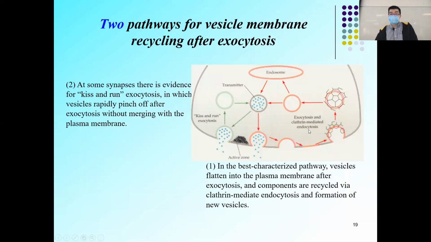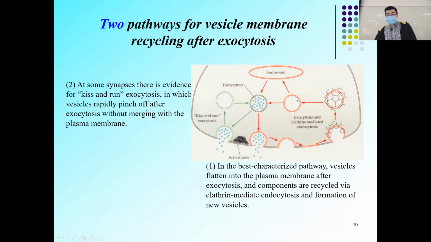So as I mentioned, there are two pathways for the vesicle membrane to be recycled after exocytosis. The best characterized pathway is that vesicles flattened into the membrane after exocytosis are recycled via clathrin-mediated endocytosis.